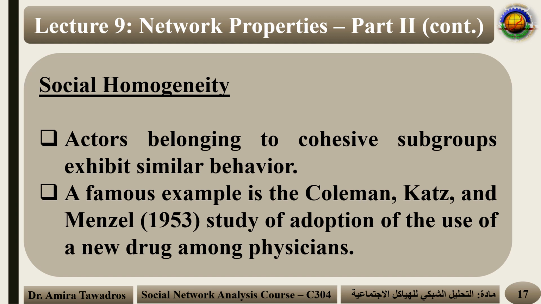They studied the adoption of a new drug among physicians, and they noticed that homogeneous societies are societies which have cohesive subgroups, and both of them have the same manner in using this new drug.